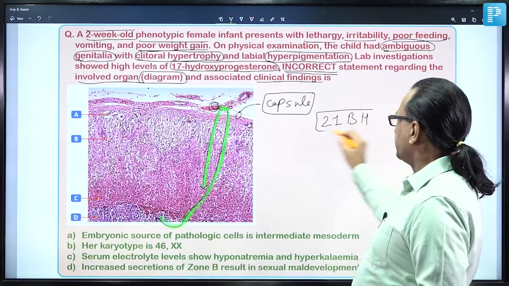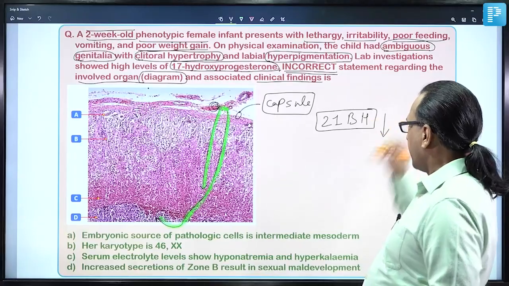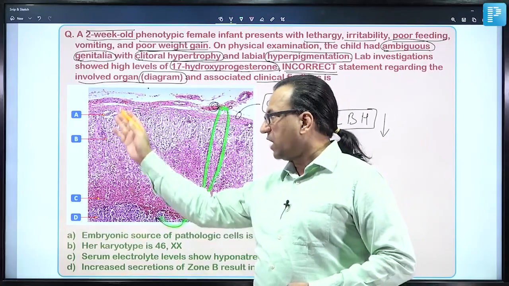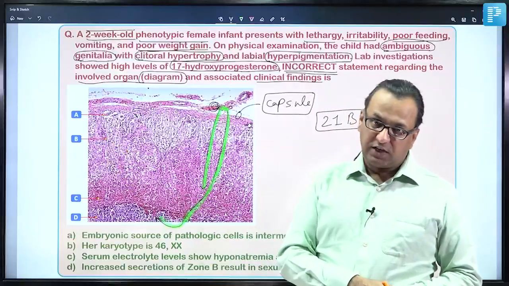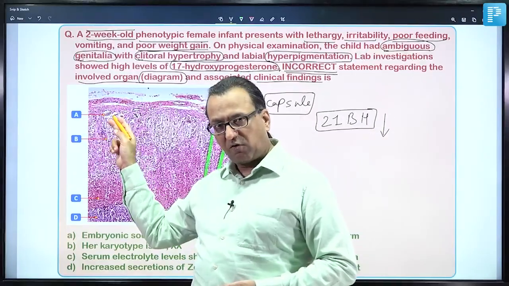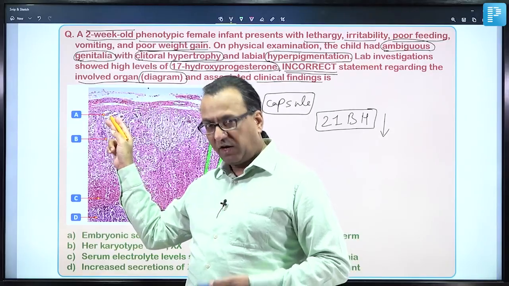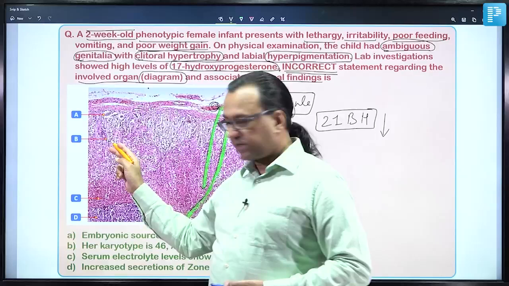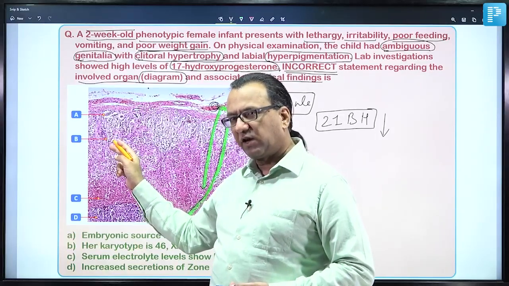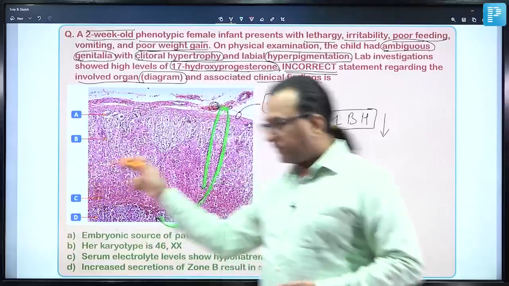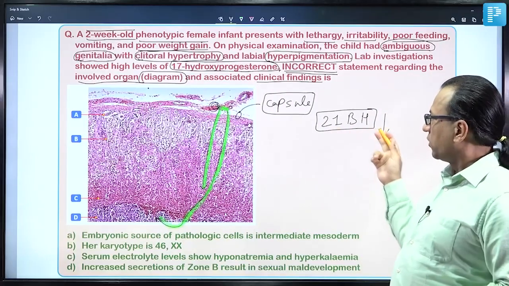And due to deficiency of this enzyme, the hormones the zona glomerulosa and fasciculata produce are decreased. So what is zona glomerulosa producing? Mineralocorticoids like aldosterone. It goes down. And what about the zona fasciculata? There, glucocorticoids like cortisol will be going down due to deficiency of this enzyme, 21-beta hydroxylase.